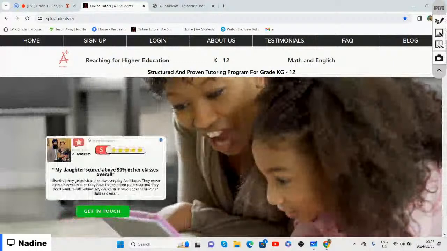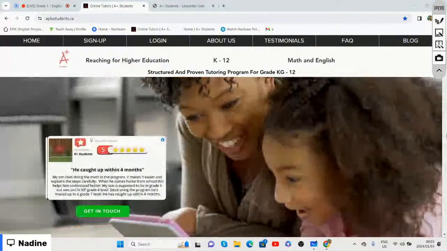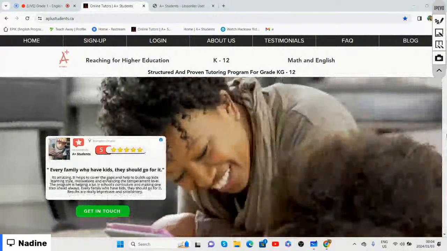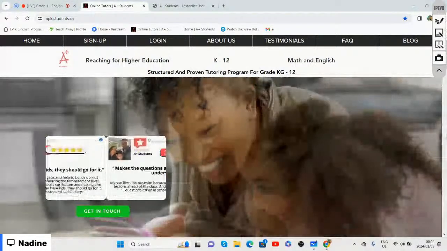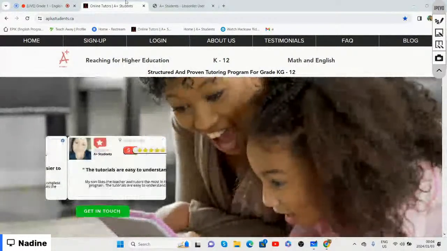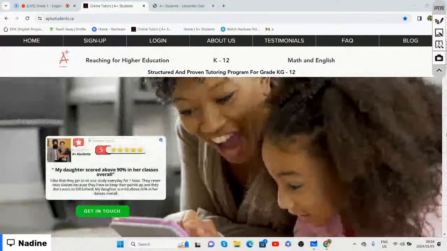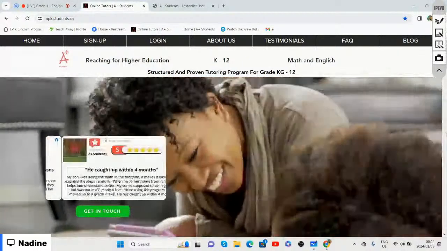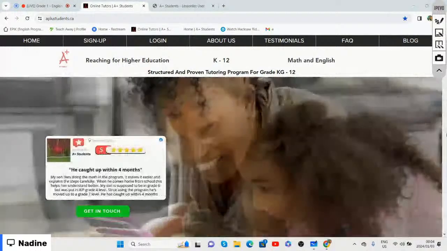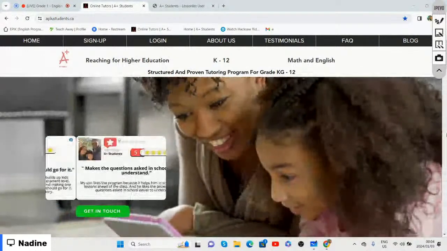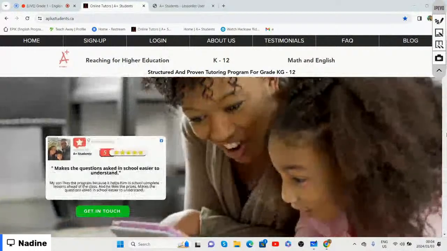And then we're going to scroll down until we get to the subject of language arts, grade 1. Once we've selected the subject of language arts, grade 1, we're going to scroll down until we get to the chapter of prepositions.